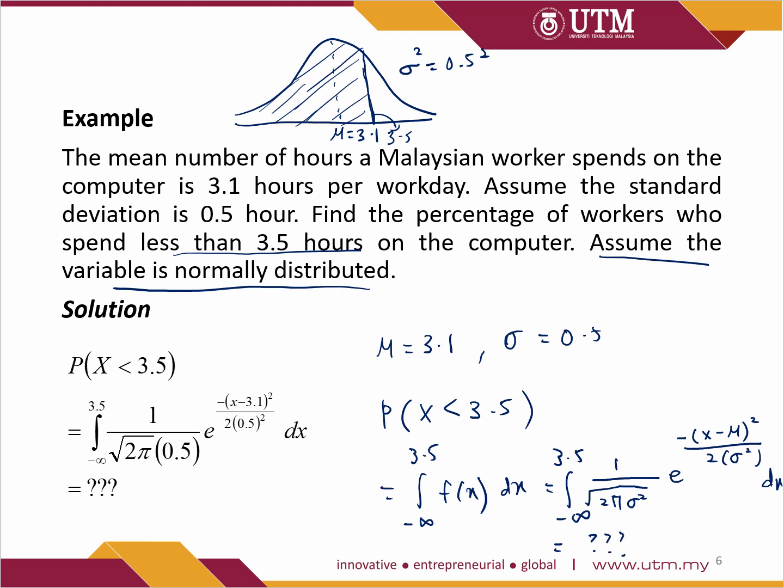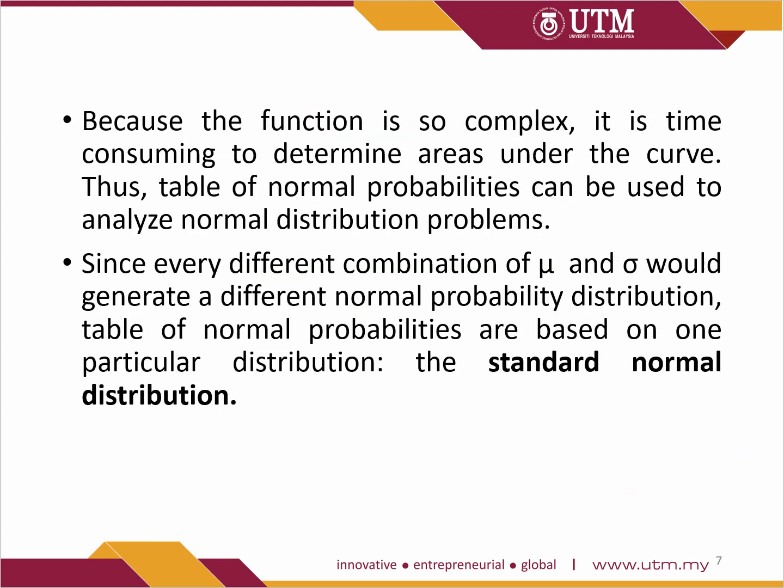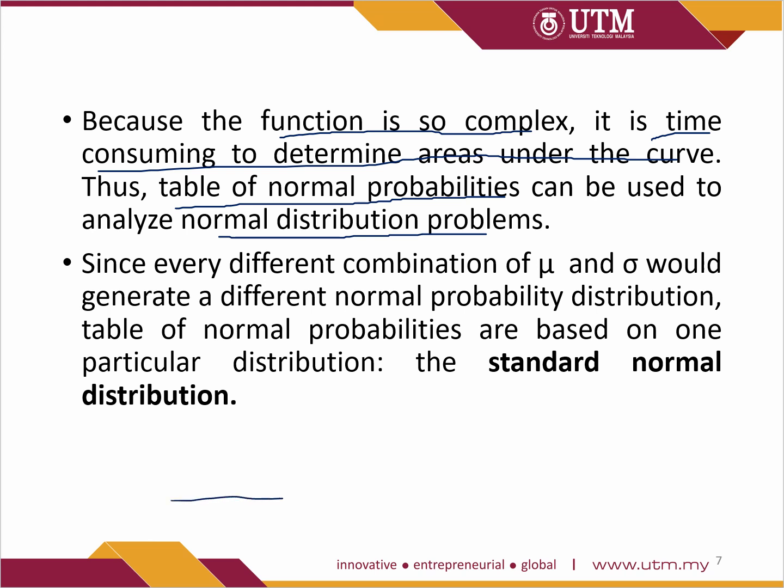So what we can do is, since the function is so complex, it is time consuming to determine the areas under the curve. So we can use the table of normal probabilities to analyze the normal distribution problem. However, different problems will have different means. Let's say this one we have mean equal to 15 and sigma equal to 1.